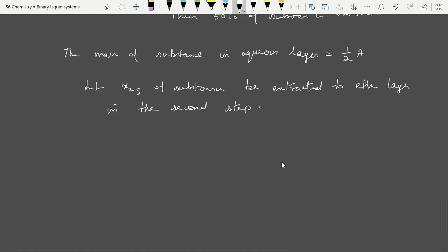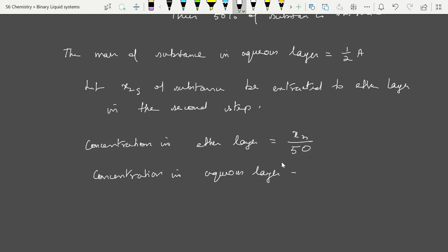So concentration in ether layer is equal to mass, which is x2, divided by volume, 50 ml. Concentration in aqueous layer is equal to half A minus x2, because x2 has gone from the aqueous layer, and volume of aqueous layer is 100.